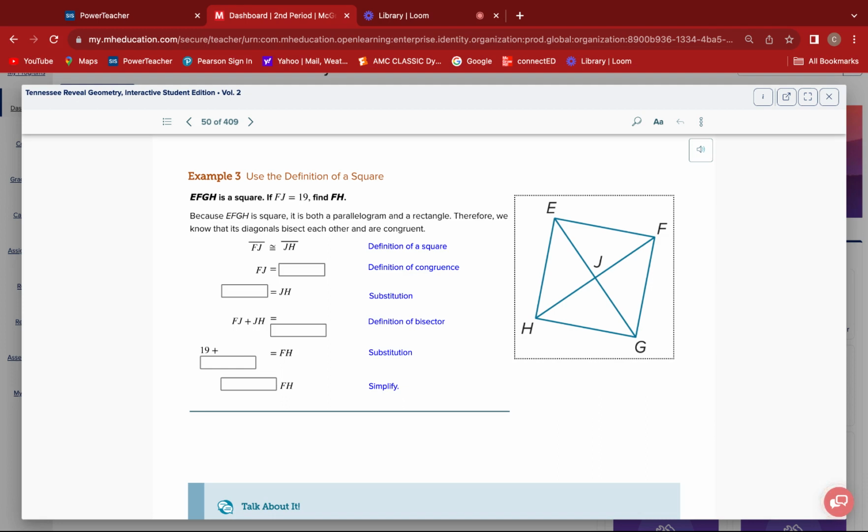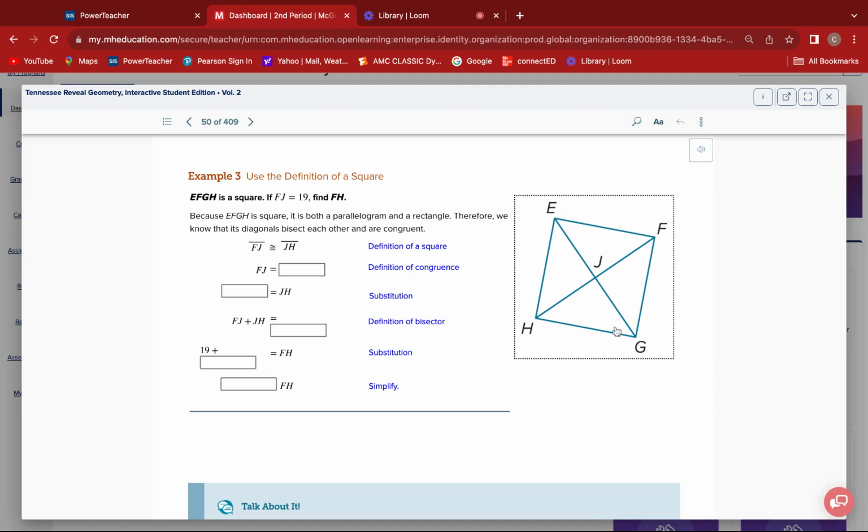So the sides, all 4 are equal, just like the rhombus. The angles, big angle E, big angle F, G, and H are 90 degrees like the rectangle. The inside angles are 90 degrees like the rhombus. So this angle J is 90, 90, 90, 90.